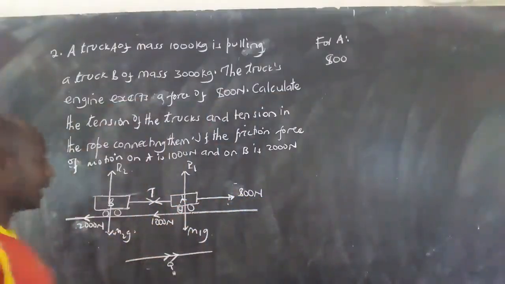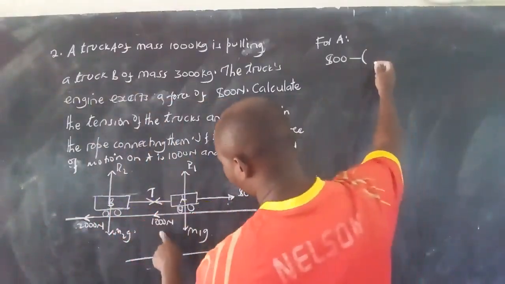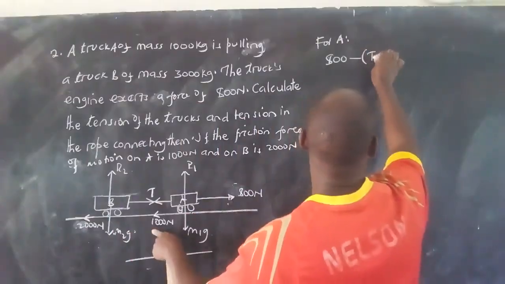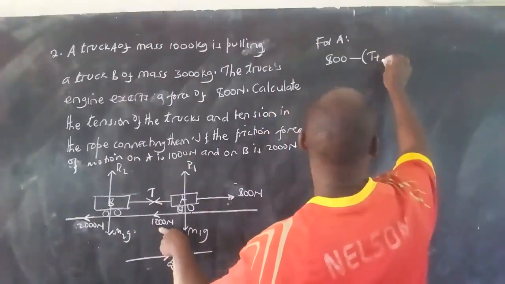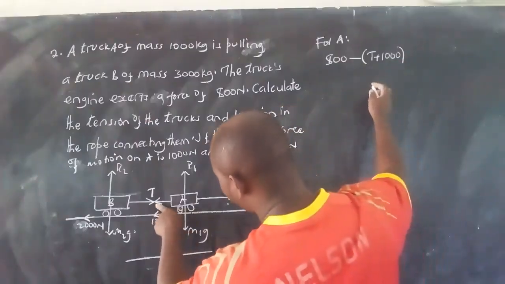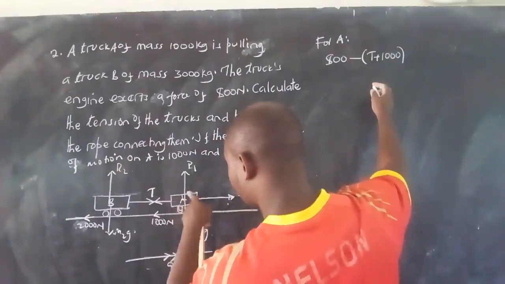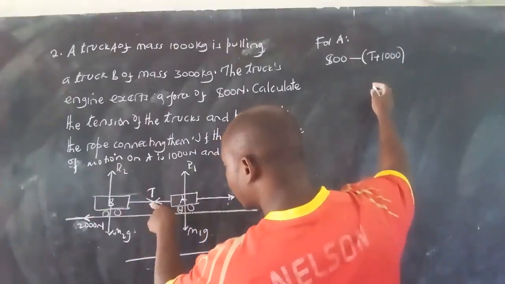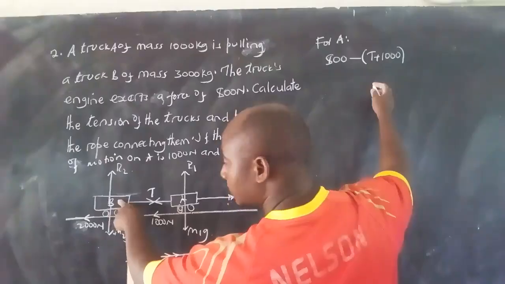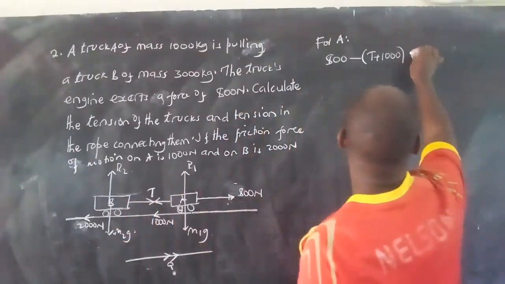So 800 minus, now here we have two forces. We have T plus 1,000. Now this arrow you are seeing is for this one, and this arrow in the tension is for the other. You see how those two arrows are facing each other. So is equal to MA.